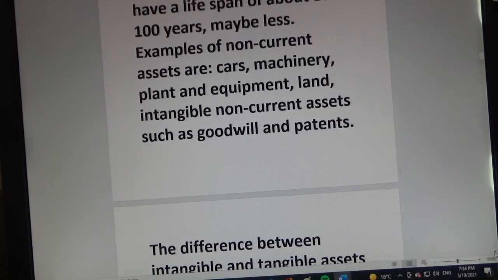Examples of non-current assets are cars, machinery, plant and equipment, buildings, land, and the difference between intangible assets and tangible assets. Intangible isn't physical property, such as goodwill and patents.